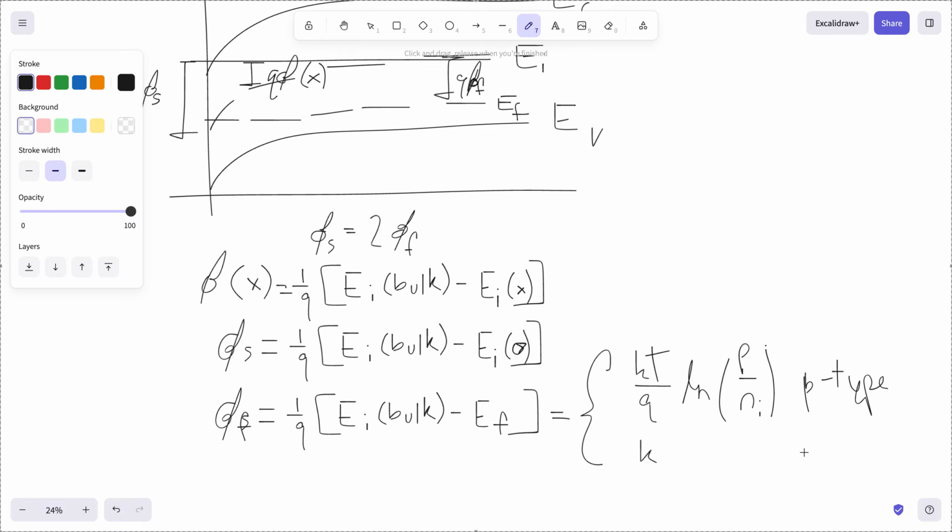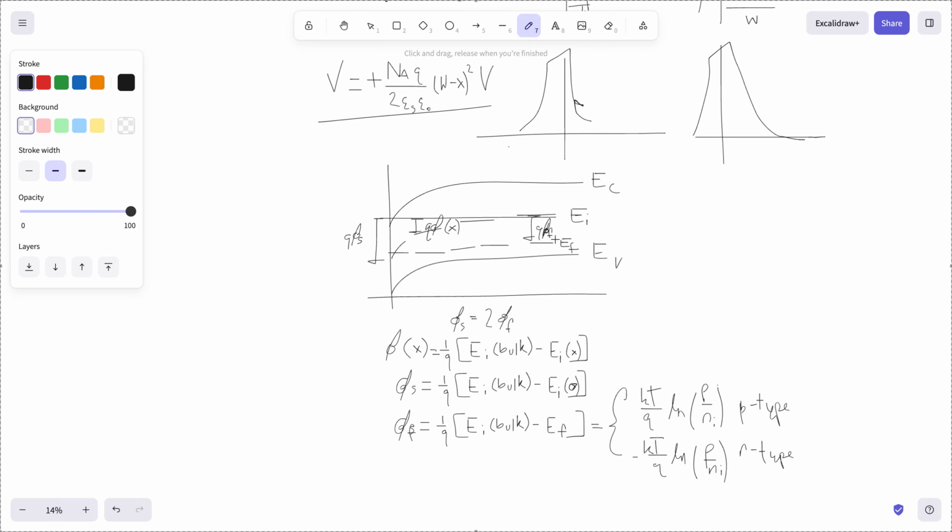For p-type, and then for n-type, we'll see this later, but because the Fermi level is higher, this is actually going to be a negative value of the natural log of p over n sub i.